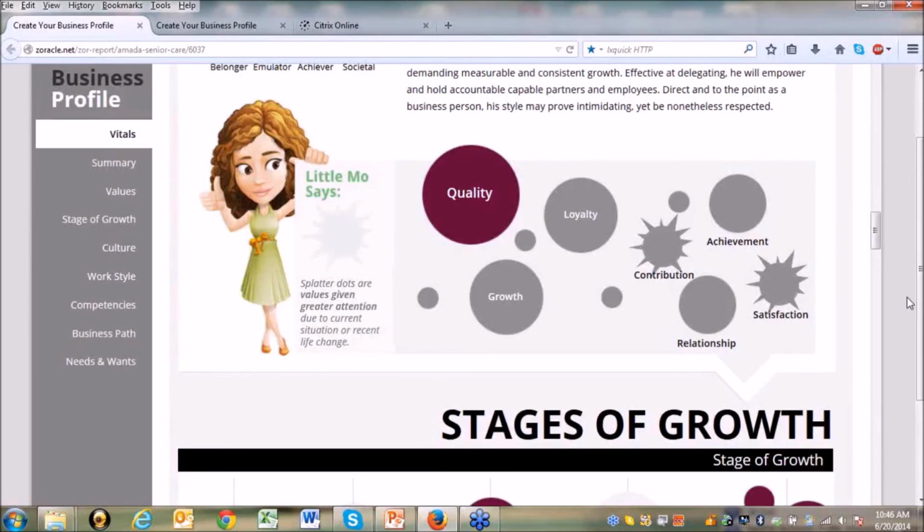This is a mismatch. So either he is evolving and changing like we all do, or something is going on in their life. In this case, we have a prospect who's an achiever who has 2 values that are amiss: his desire to contribute and his need for satisfaction. These are 2 things that aren't working in his life.